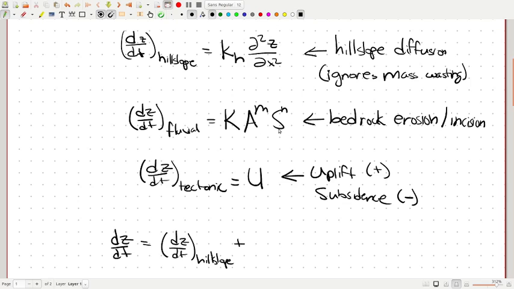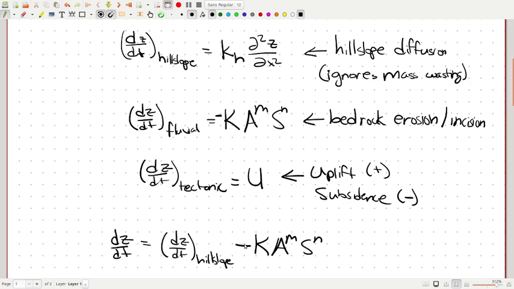And actually, I forgot to mention, this is supposed to be the erosion rate from the fluvial processes, so there should be a big minus sign out here. I apologize for that. So we're going to go minus K A to the m S to the n.